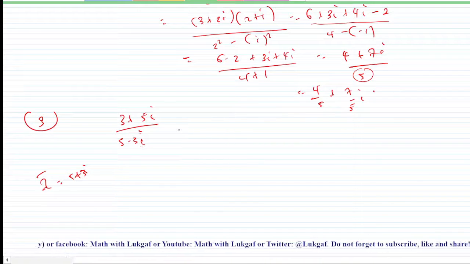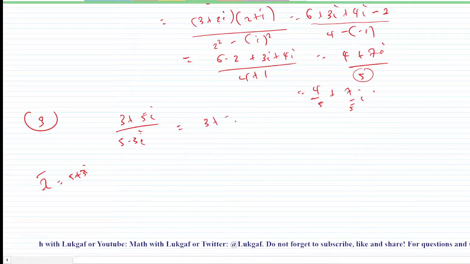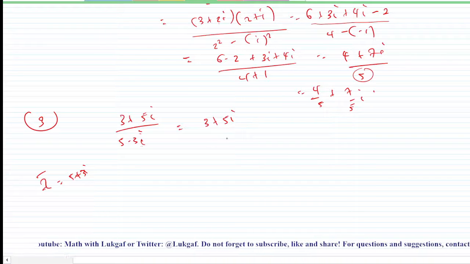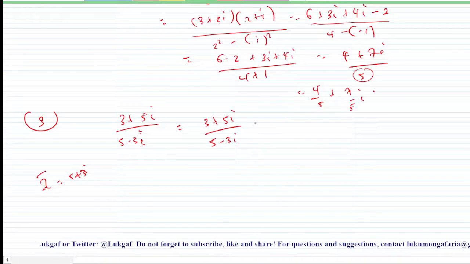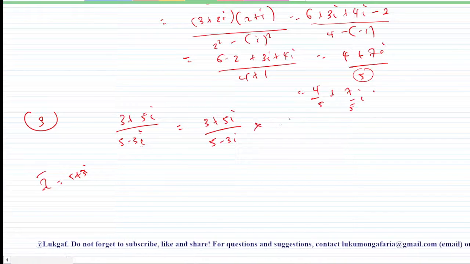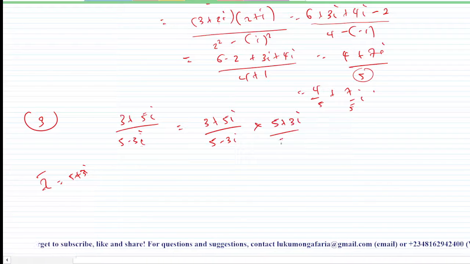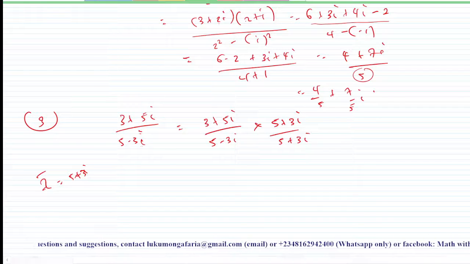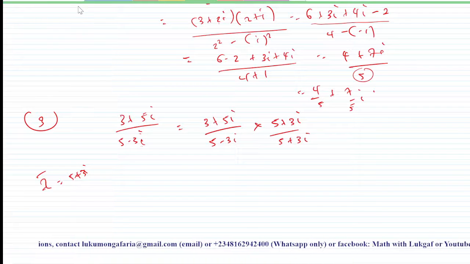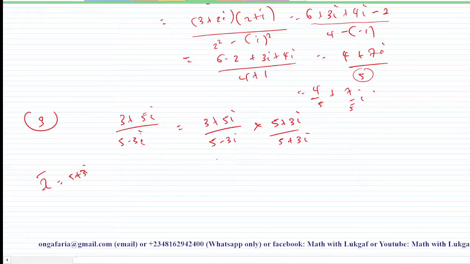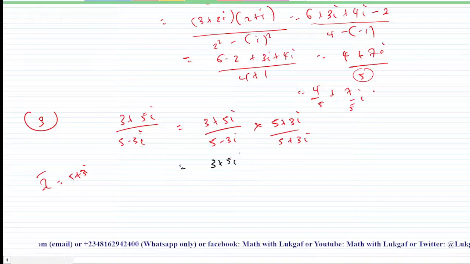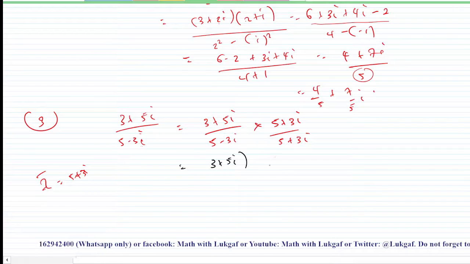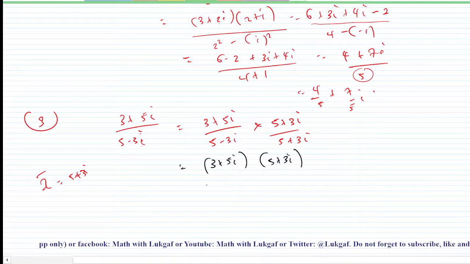Real number. Then this is going to give me 3 plus 5i divided by 5 minus 3i. What you do for the numerator, you must also do for the denominator. Then you have 5 plus 3i over 5 plus 3i. So if you simplify it further, I'm going to have something of this nature: 3 plus 5i times 5 plus 3i.